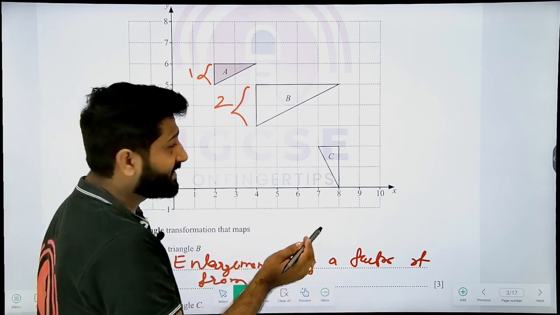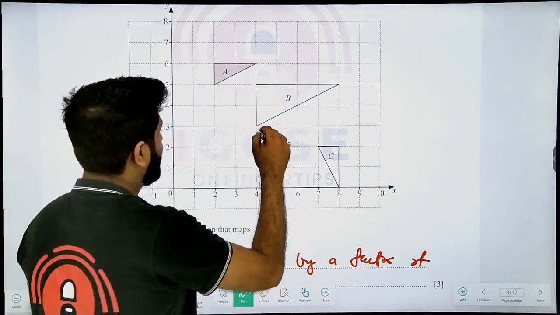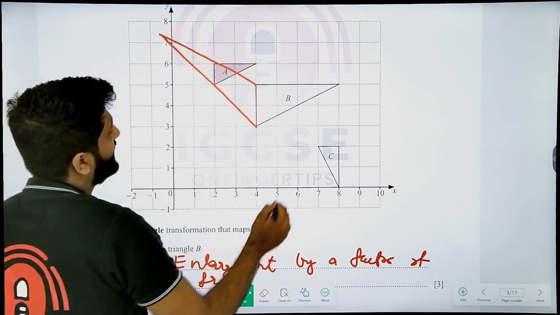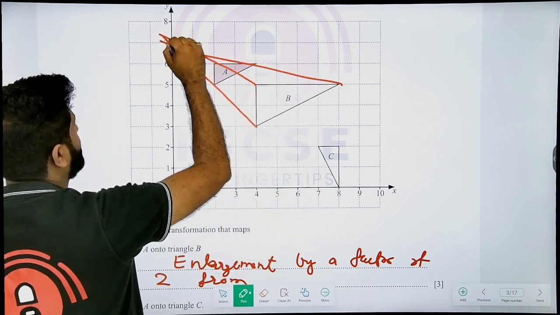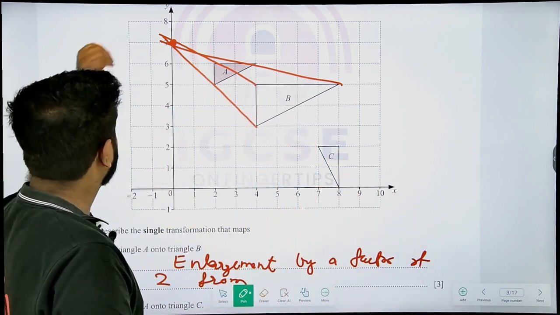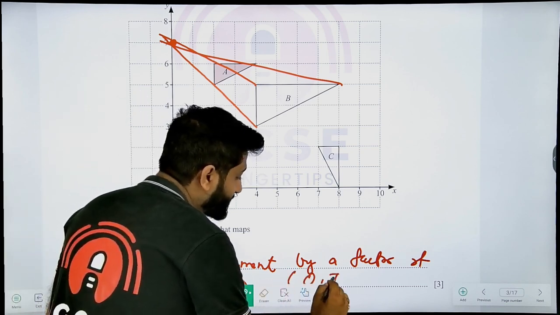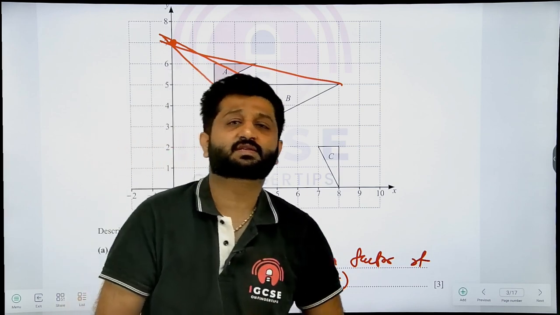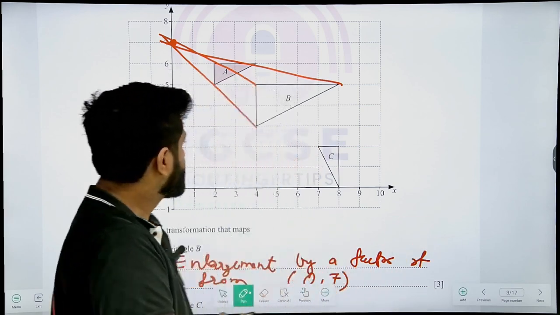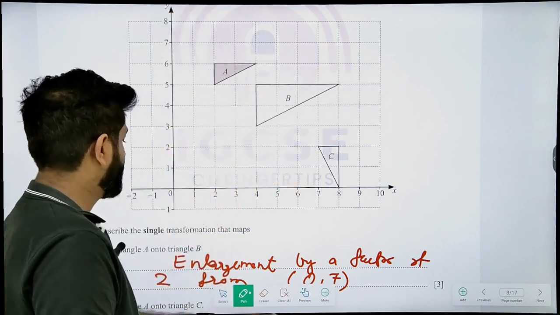How do you find the center in this case? You can take your scale and draw a straight line like this, again draw a straight line like this. The 3 lines should intersect at one point, and that should be your center. I think the center here is (0, 7). Guys, I might be wrong because I have not used a scale, but if you use a scale it would be easy for you to find the center. So it seems that the center is (0, 1).